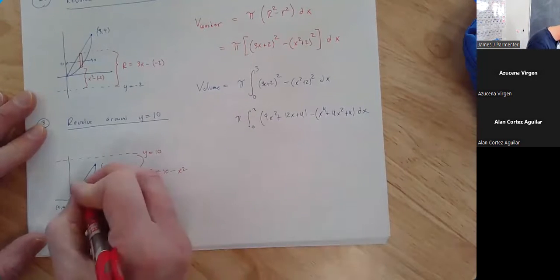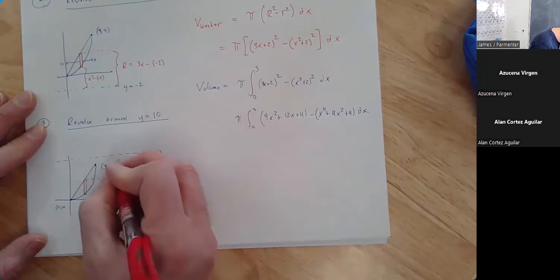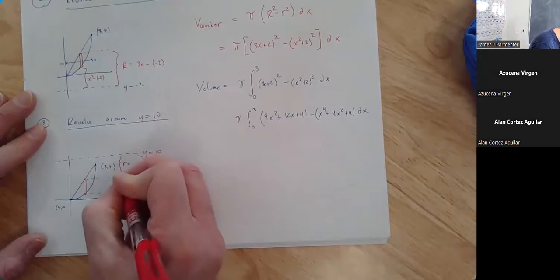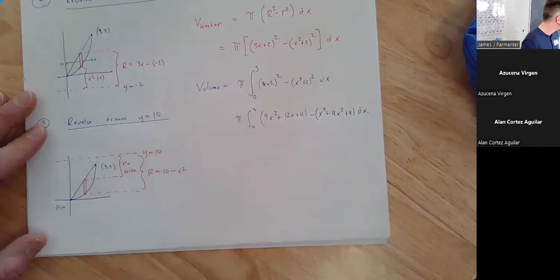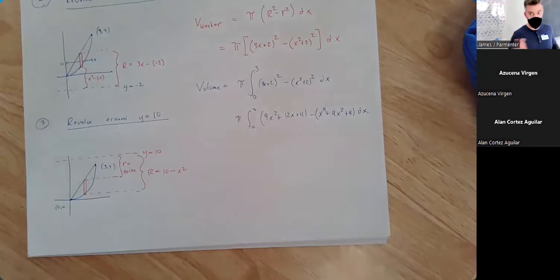And my inner radius is 10 minus 3x. So the outer radius is always the difference between the function that's further away and your axis of rotation. And the inner radius is always the difference between the function that's closer and your axis of rotation. And when I say difference, I just mean subtract, because that's how we find the difference.